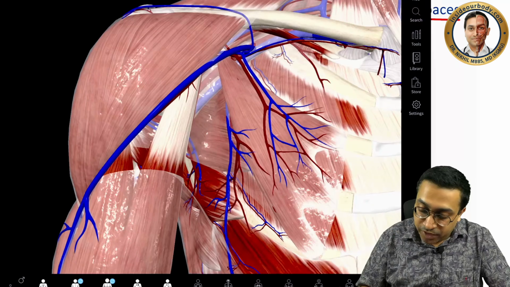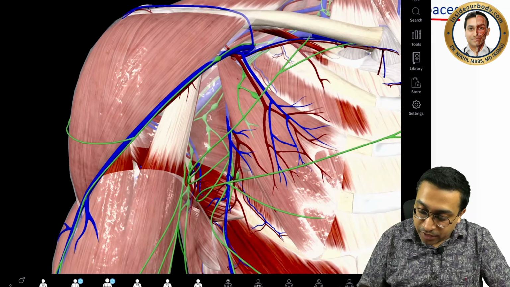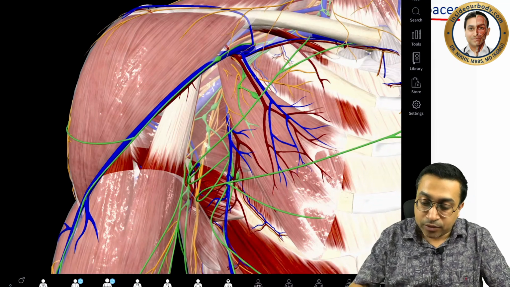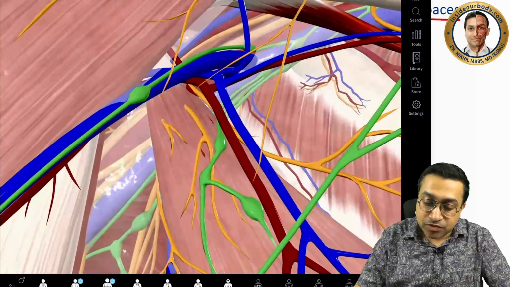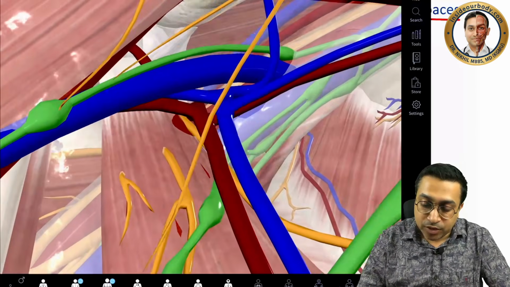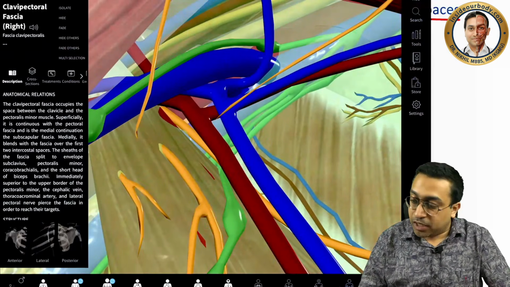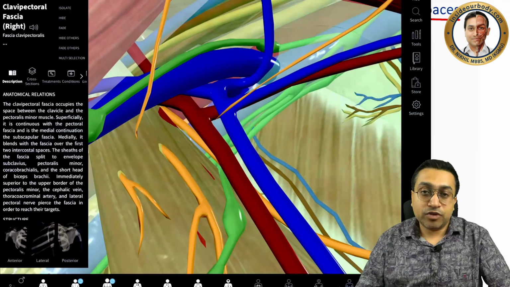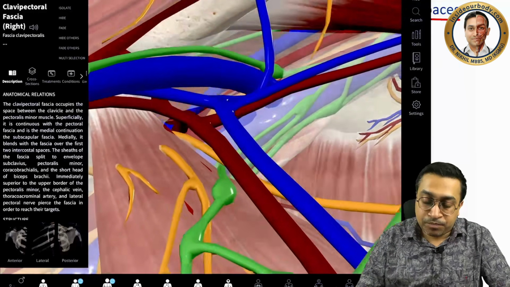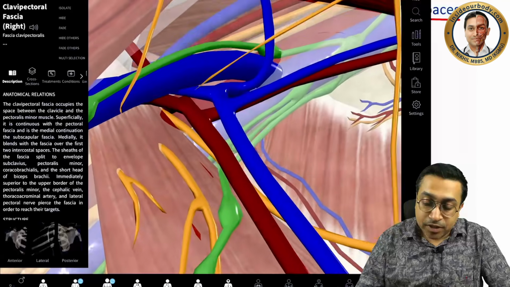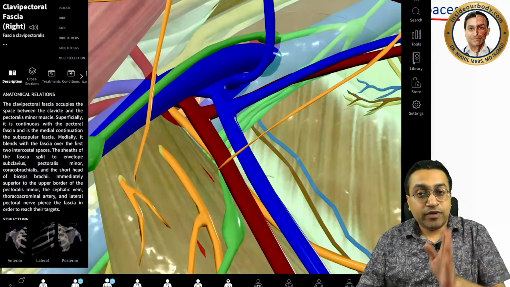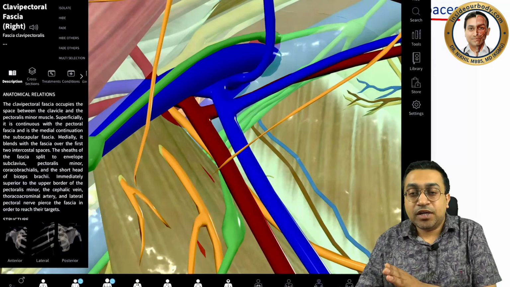Arteries, veins, lymphatics and nerves. Okay, so these are the structures which are filling this gap, which you can see, that is the clavipectoral fascia, which you can visualize, right? So this gap is allowing the passage of a vein, a nerve, artery and a lymphatic.